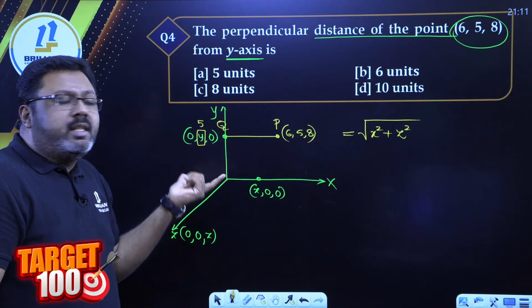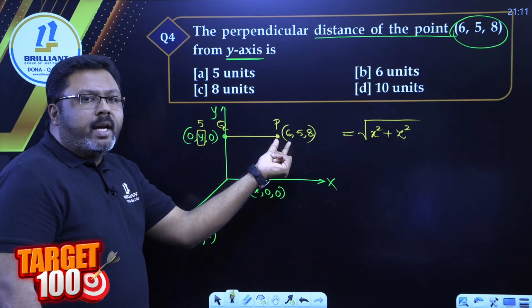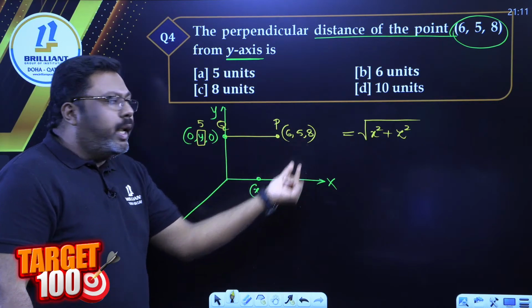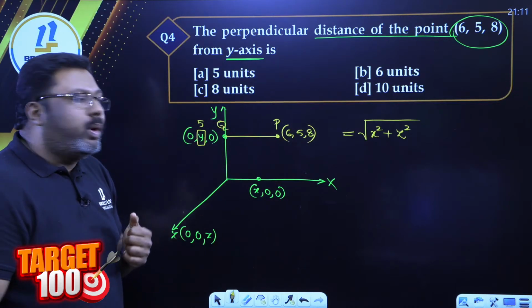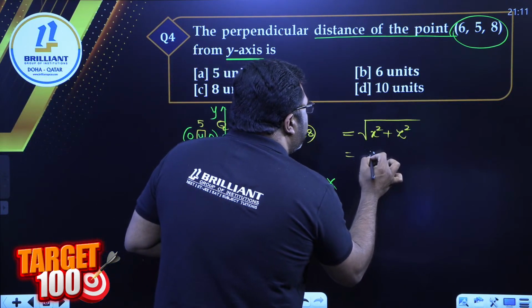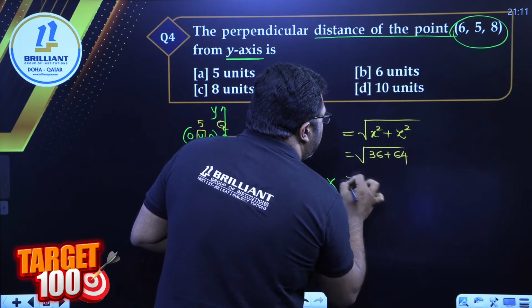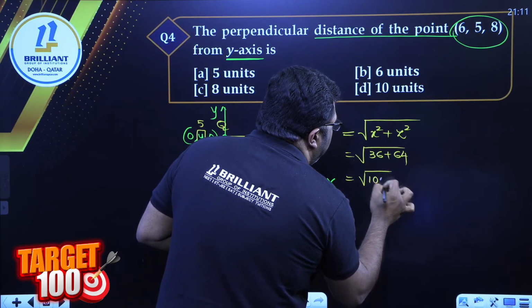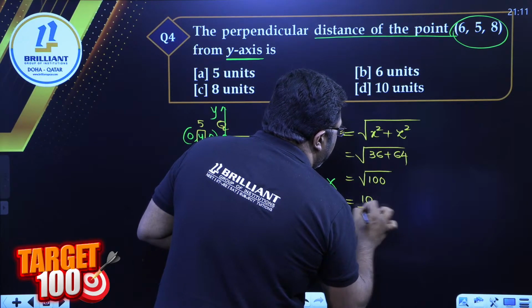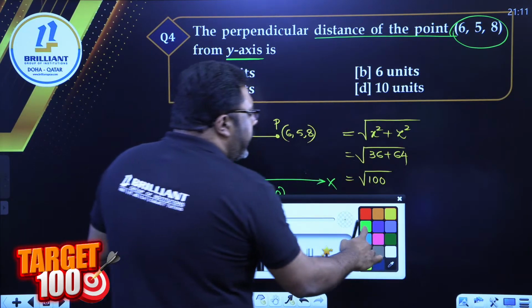So when they say distance from the y-axis, forget about the y coordinate, only take the squares of the x coordinate and z coordinate. So it's going to be 36 plus 64, which is the square root of 100, that is equal to 10. So my answer for this question is 10 units.